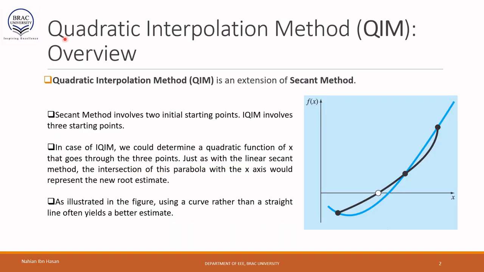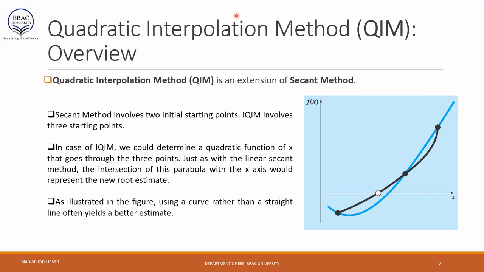Okay, first of all, before diving into the inverse quadratic interpolation method, we are going to see the normal quadratic interpolation method, or the QIM method. This QIM or quadratic interpolation method is very much similar to the secant method, but there is a slight change in the formula. For example, in the secant method, we used two different starting points.